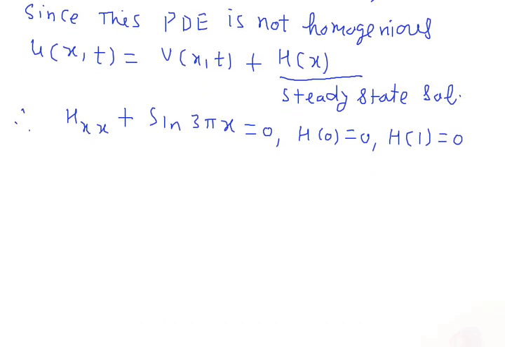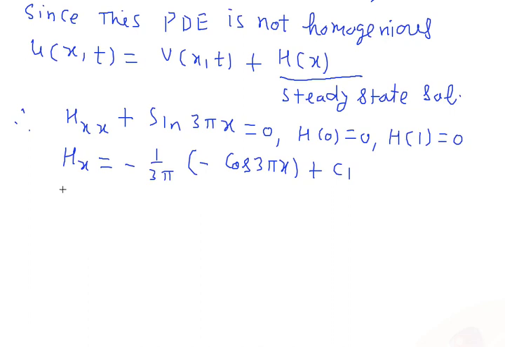So in the first stage we have to simplify this differential equation. This is a direct integration based differential equation. So you can integrate once. The sign becomes negative, so I think this is h'(x) = (1/3π)(−cos 3πx) + c1.